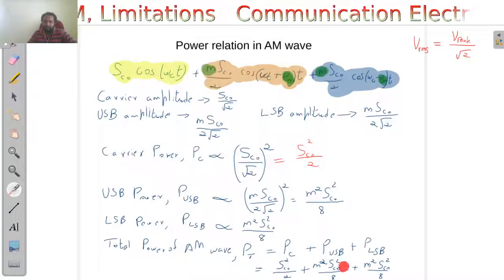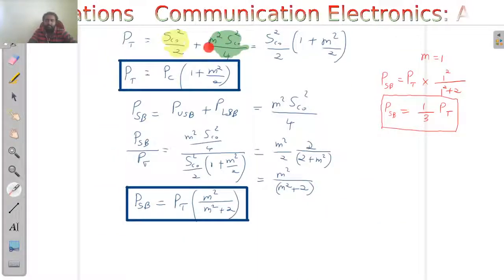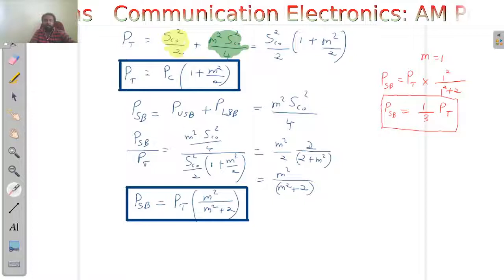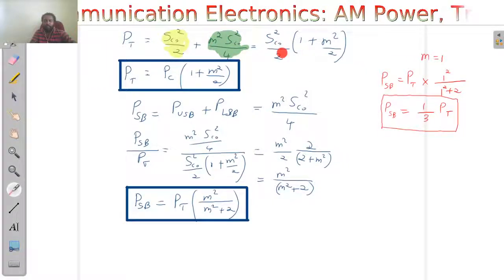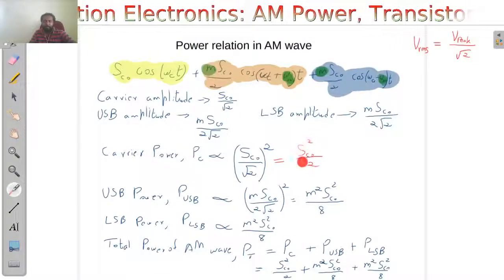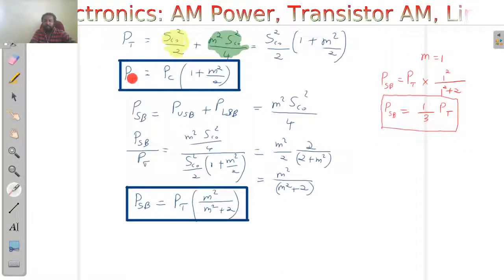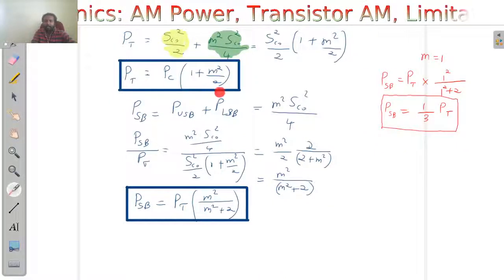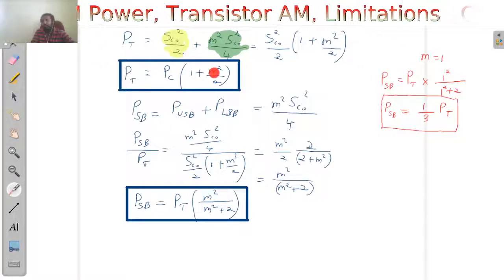These two components are the same, so you can add them up, and then you can take the common factors and get an equation like this. And what is SE0 square by 2? That happens to be our carrier power. That is substituted like this, and you get an equation relating total power and carrier power by the factor involving the modulation index.